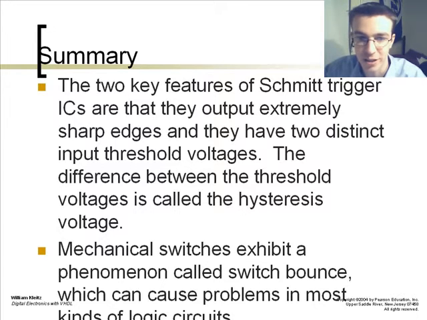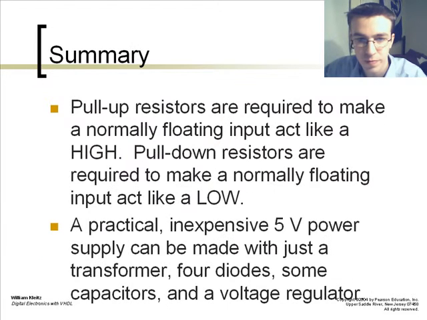There are two key features of Schmitt Trigger ICs: they output extremely sharp edges, and they have two distinct input threshold voltages. Pull-up resistors are required to make a normal floating point input act like a high, and pull-down resistors are required to make a normal floating input act like a low.